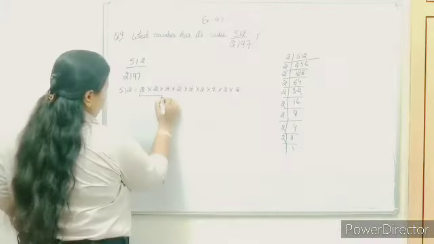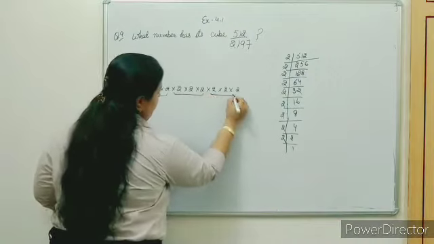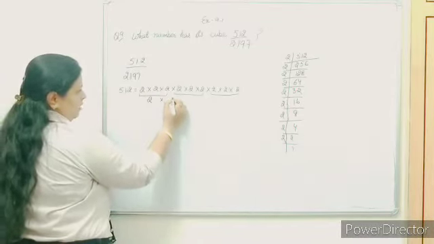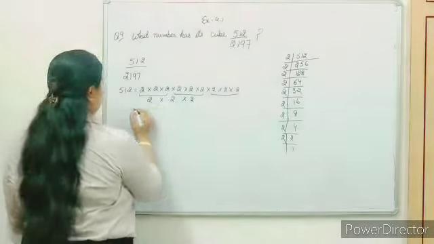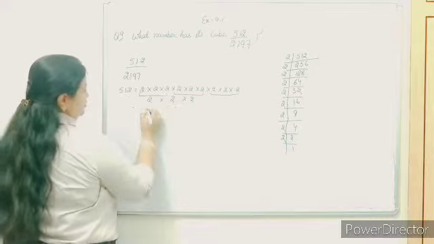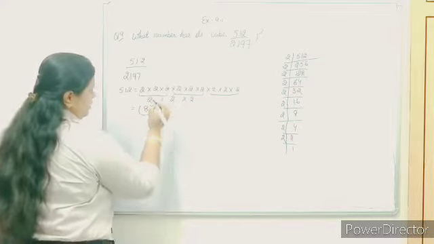Now make groups of 3 same factors. From one group we will bring one factor. So 512 is the cube of 8.